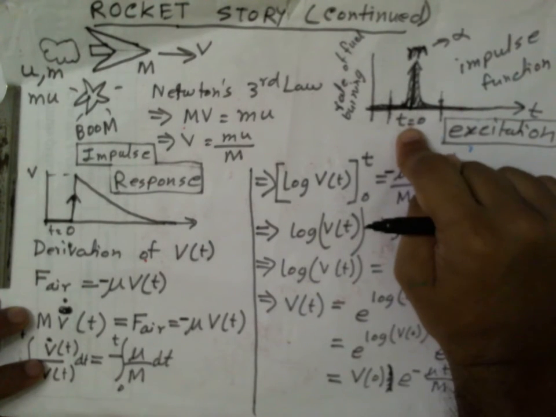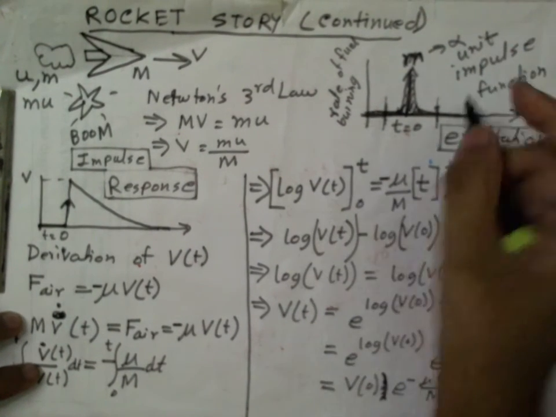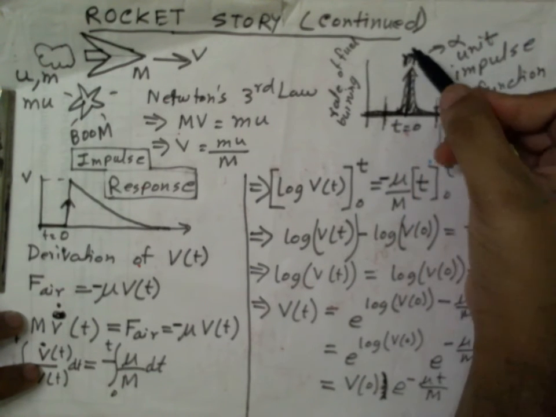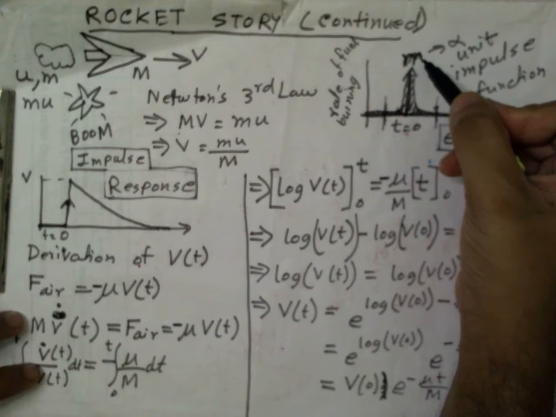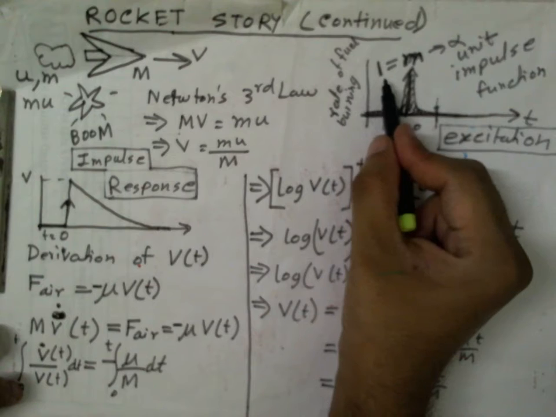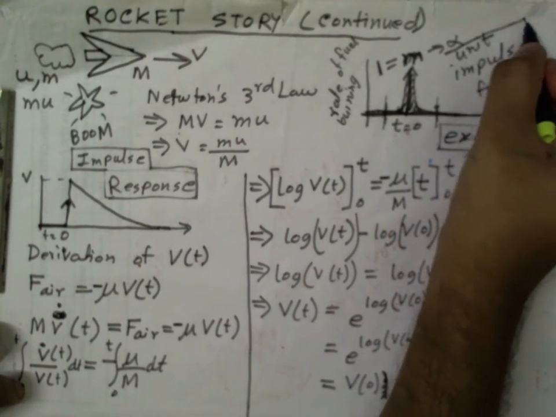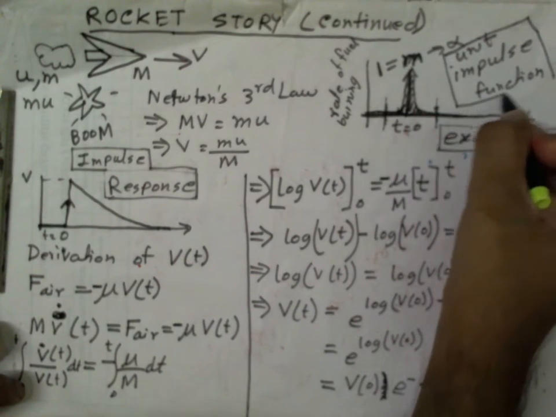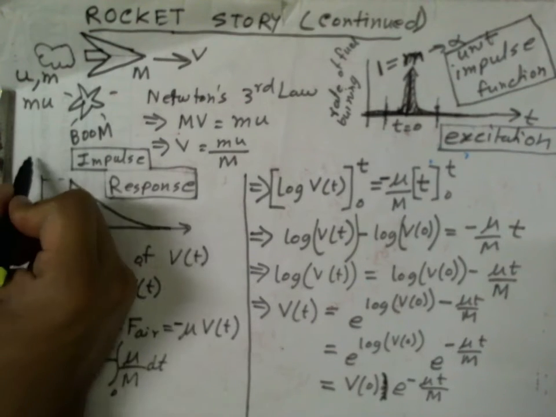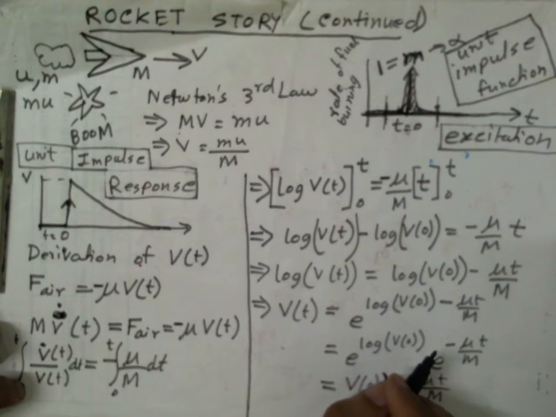What is a unit impulse function? A unit impulse function is one where the area under the curve is equal to 1. In this case, the area is equal to m. Now if m equal to 1, that is if 1 unit of fuel is burnt, then we will call this a unit impulse function or unit impulse excitation, and then we can call it a unit impulse response.